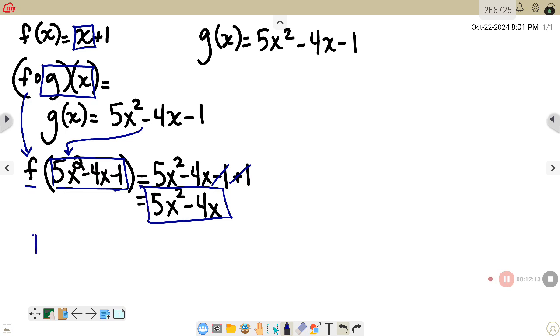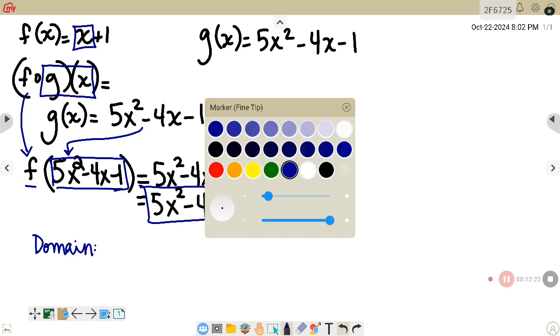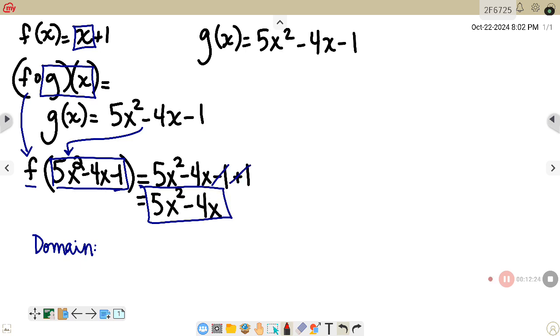Now I'm going to go ahead and find the domain of this composition. Remember the two places that you will look. You will look at your final answer for any restrictions there. There's no restrictions because you can square any number and you can multiply any number by -4. There's no restrictions there.